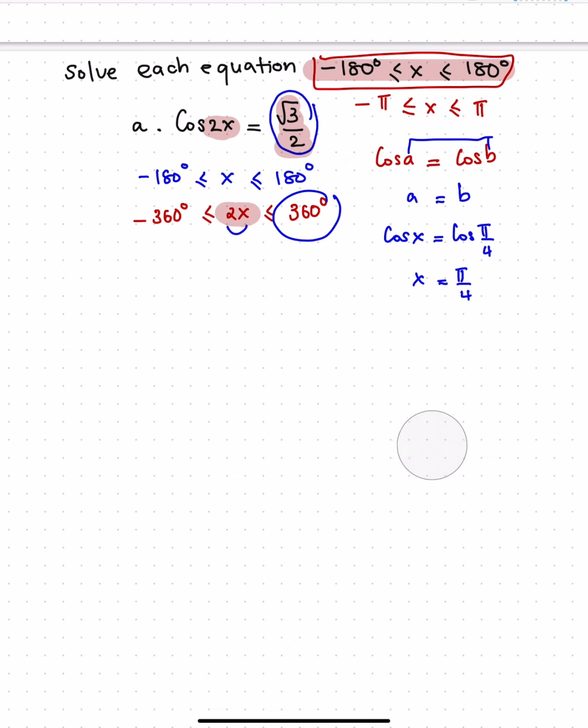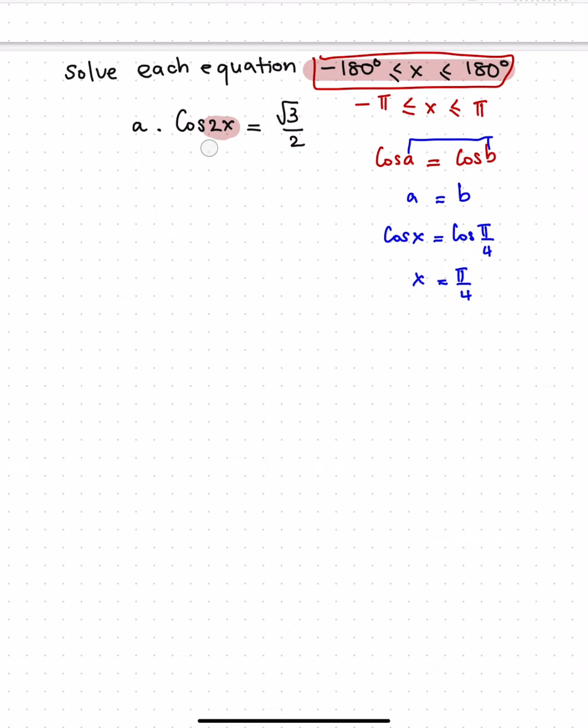So for square root 3 over 2, the cosine is of pi over 6, and also cosine of negative pi over 6. It stays in the first quadrant, right? The second quadrant is no, because in the second quadrant cosine is negative.